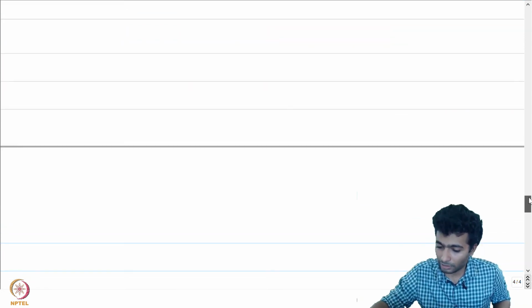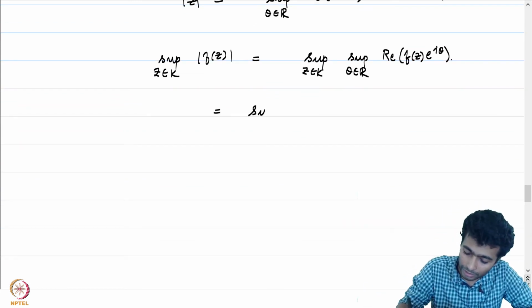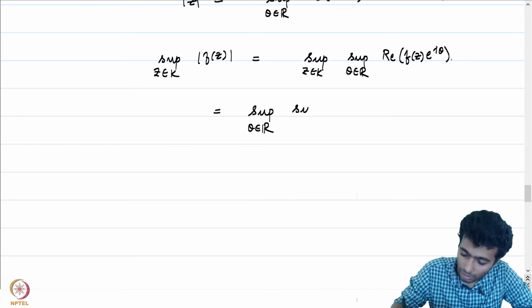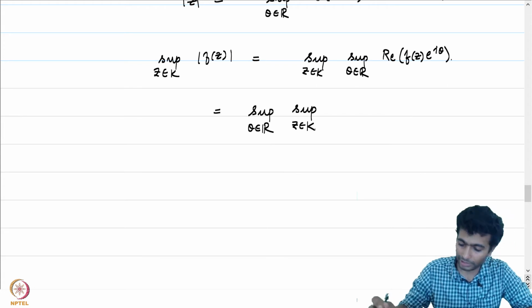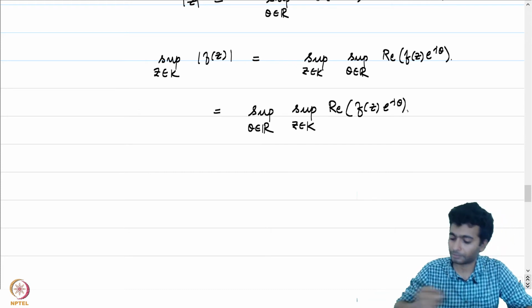But then this supremum over this set can now be written in this manner as well. This is the same as the supremum over theta in R, the supremum over all z in K of the real part of f of z e to the power i theta.